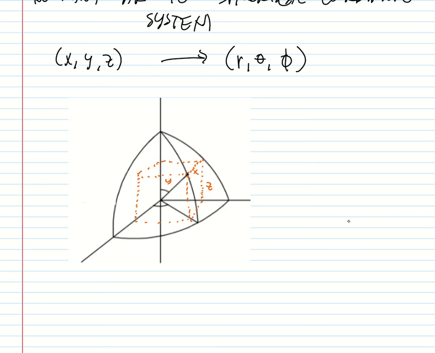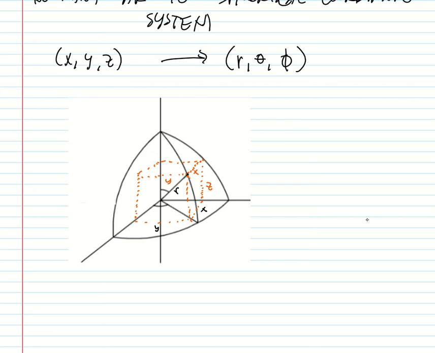If you look at this, the r here is actually the diagonal of the rectangular prism in this drawing. If we want to solve for that r in terms of x, y, and z, this is y here, this is x here.